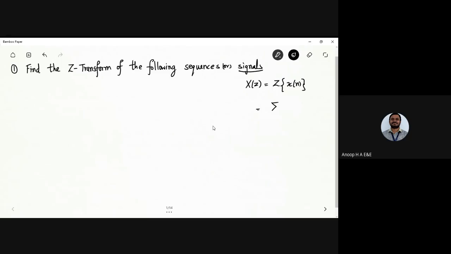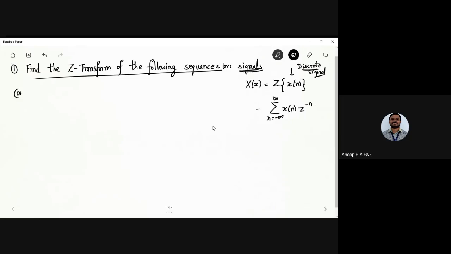It can be written as sigma n equals minus infinity to plus infinity X of n Z power minus n. So it is entirely valid for the discrete time signal. Now find the Z transform of the following sequences or signals.